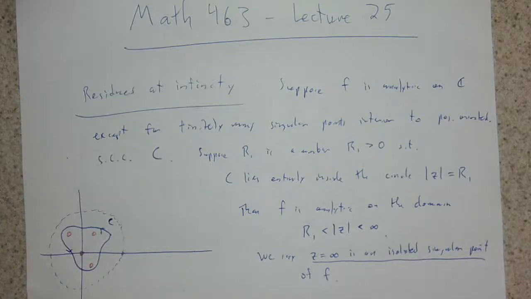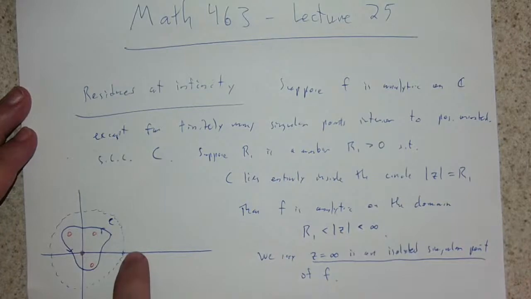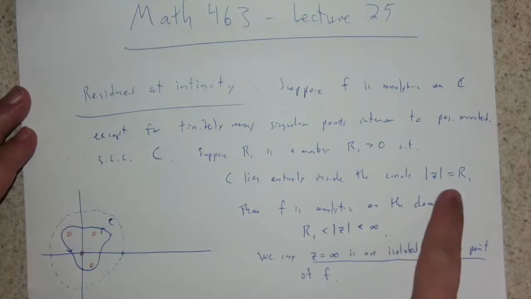So the idea here is that I define another circle. I define a circle that is inside this region, which means it is a circle that is outside this circle of radius r sub 1.